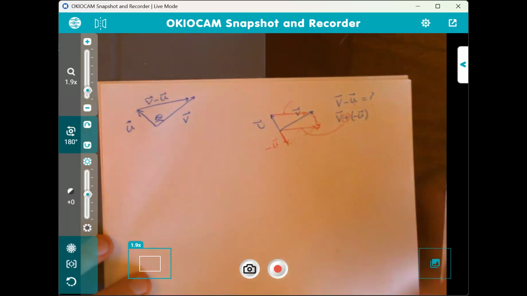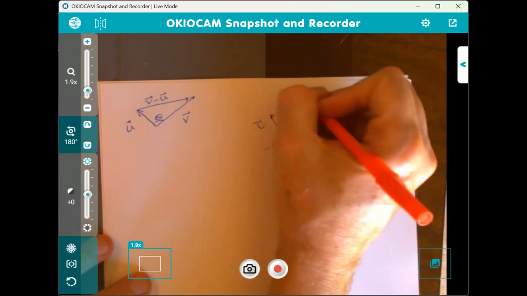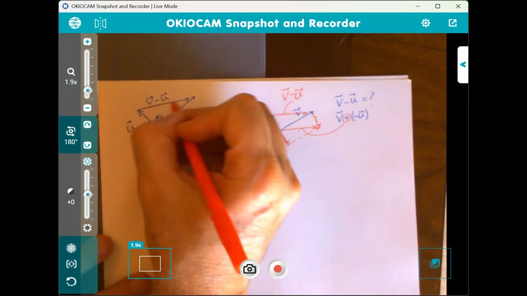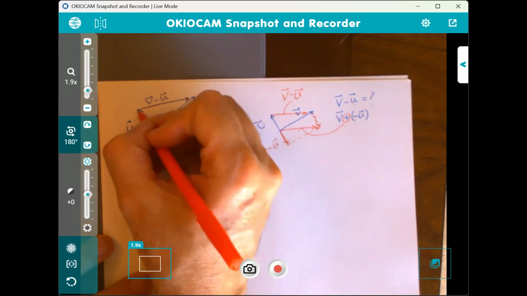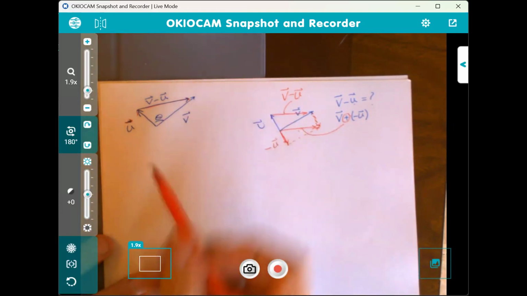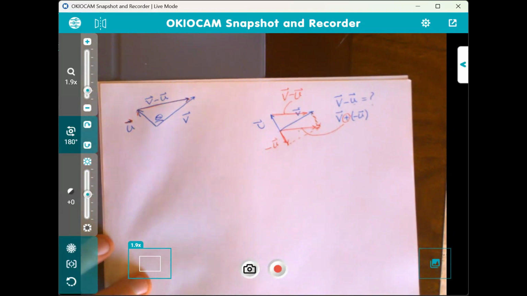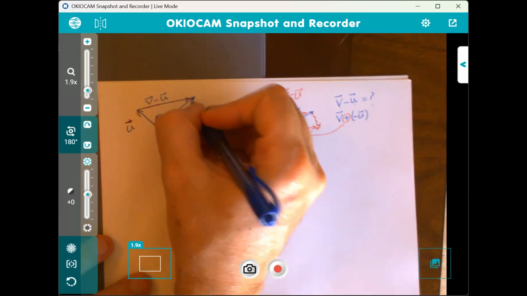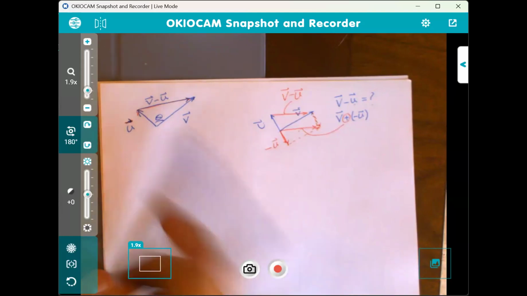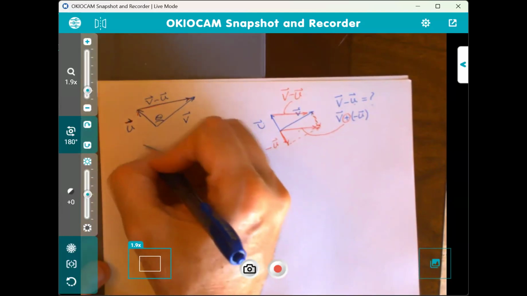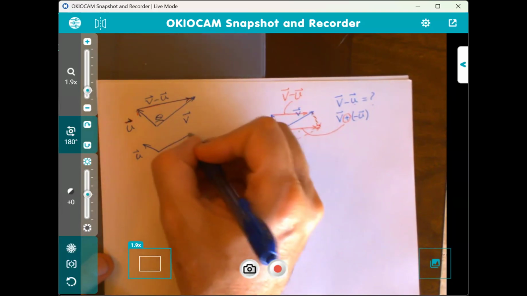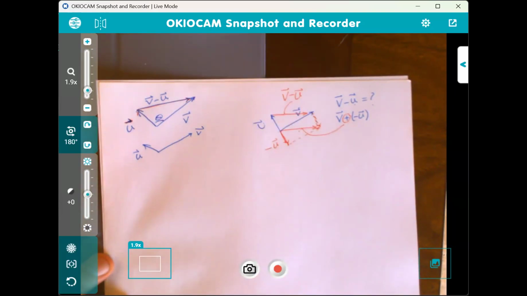So this is going to be the vector v minus u. You see that? So that's how I knew this vector is going to be v minus u. If you go from the tip of vector u to the tip of v, then you're doing v minus u. If you change the direction, by the way, let's say this is u and this is v now, same thing I started with.